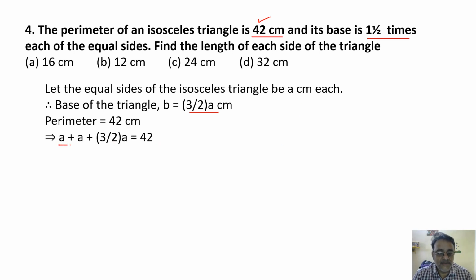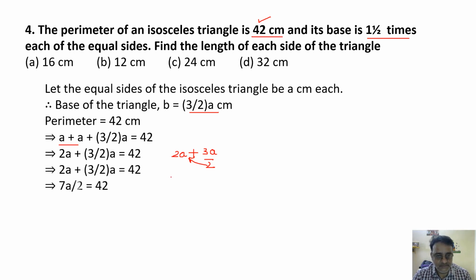And this will become 2A plus 3A by 2. See carefully. If you take LCM, this will become 4A plus 3A by 2, that is 7A by 2 is equals to 42.